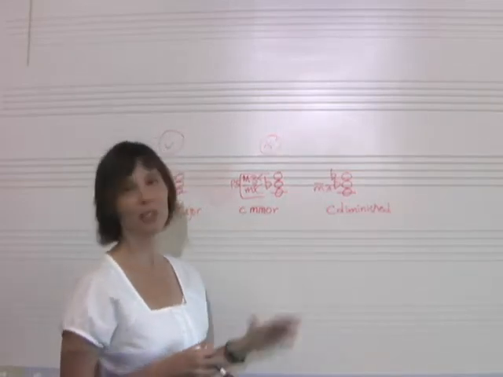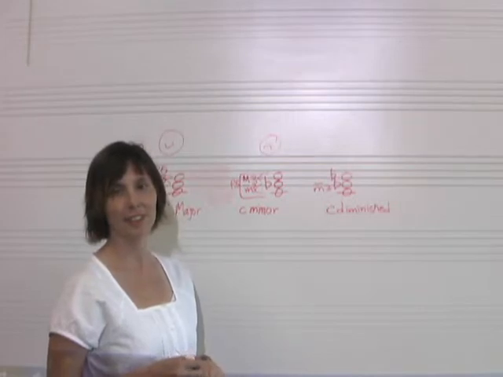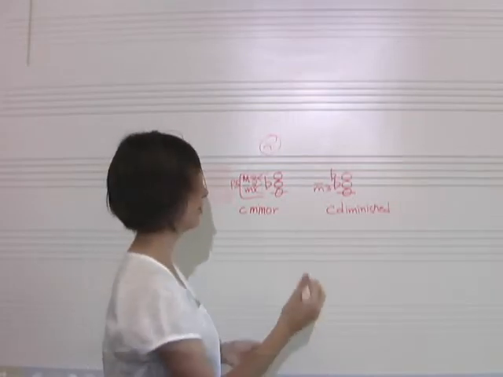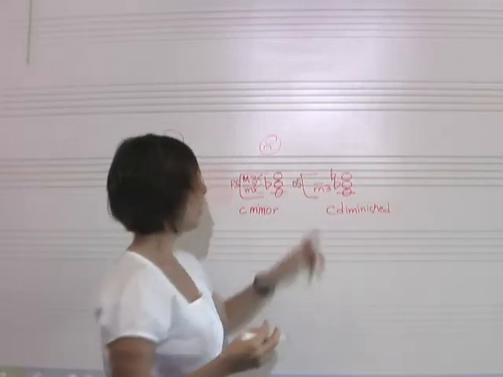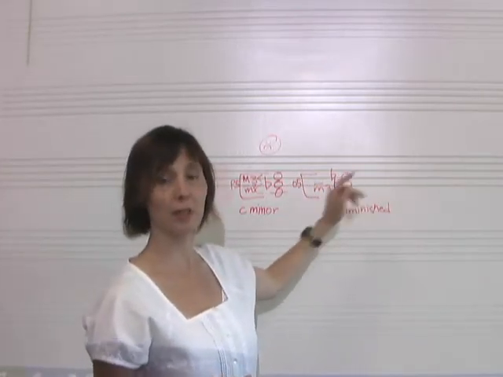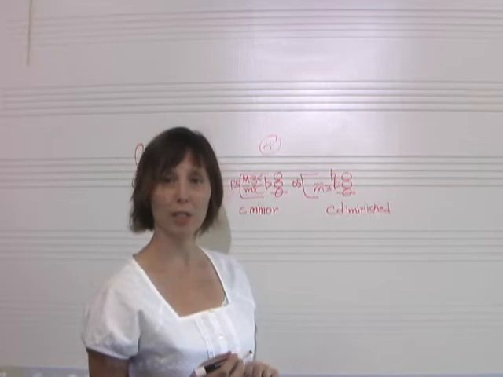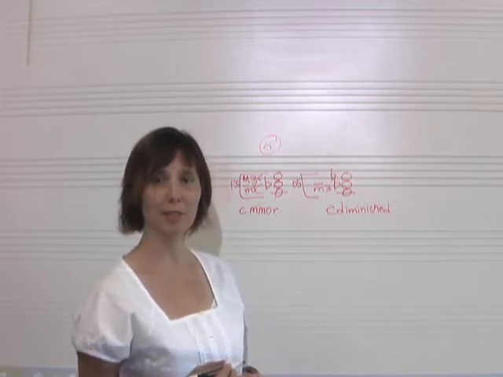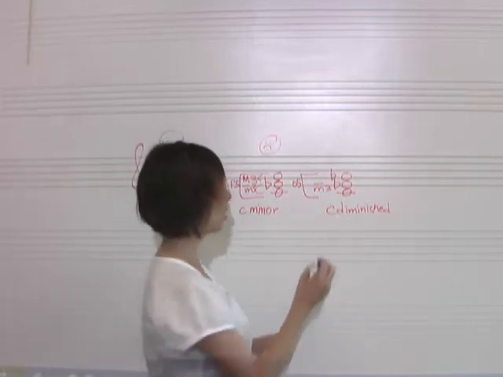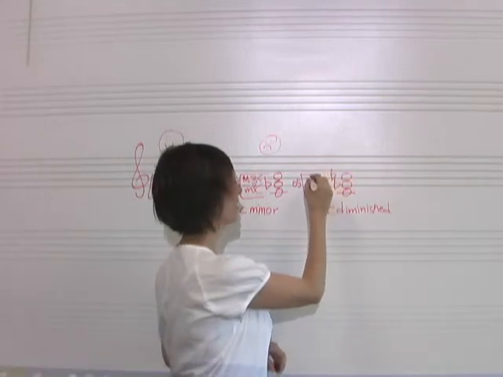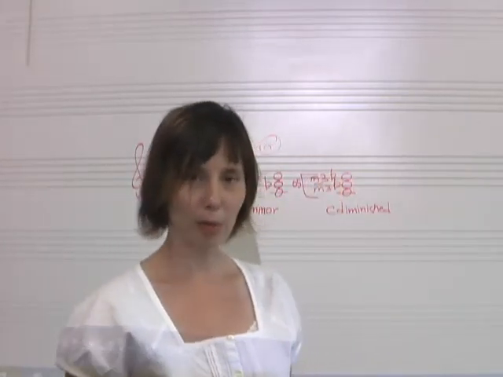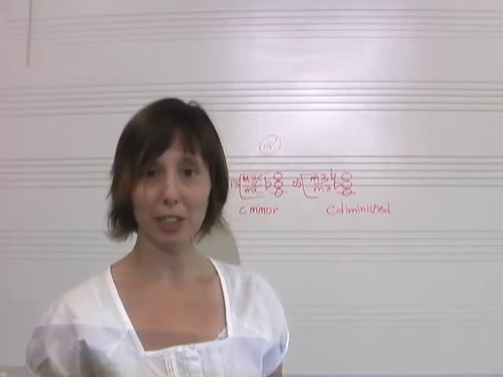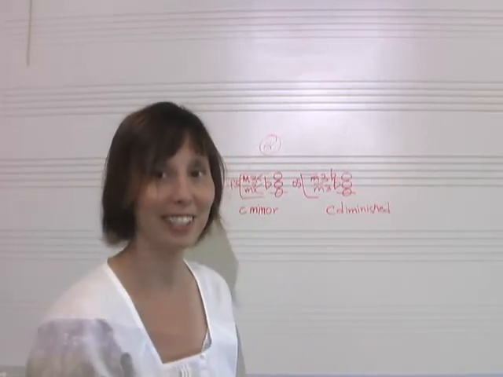Not a perfect fifth, a diminished fifth. And from the third to the fifth, what kind of third is that? That's also a minor third. Sometimes people say that diminished triads sound scary.